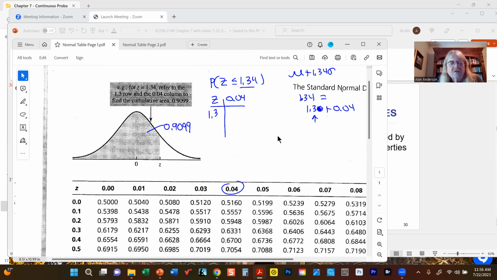So that shaded region is 0.9099 out of 1. Remember, the entire area under this curve is 1. So that's 90.99% of the total area under this curve.